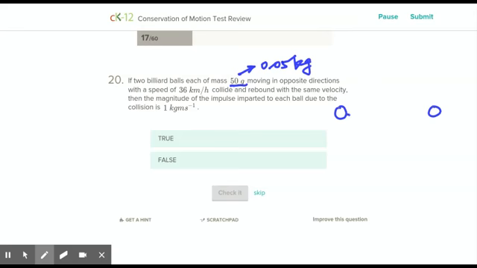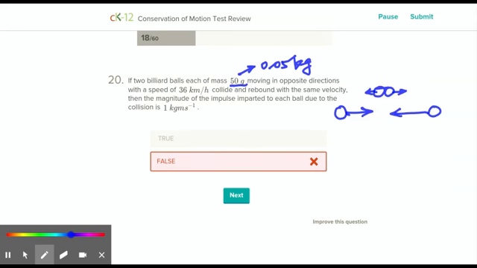Two things: one, moving in different directions and colliding in the middle, and rebounding with the same velocity. Then the magnitude of the impulse imparted to each ball due to the collision is 1 kilogram meter per second.